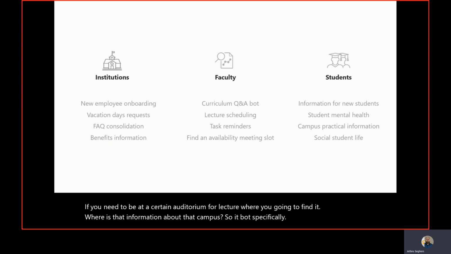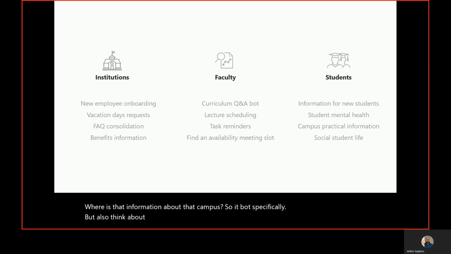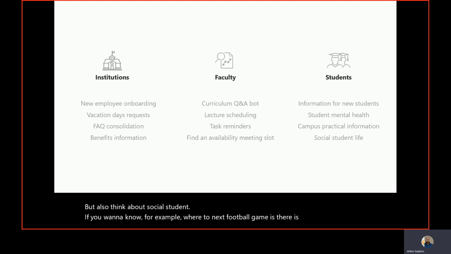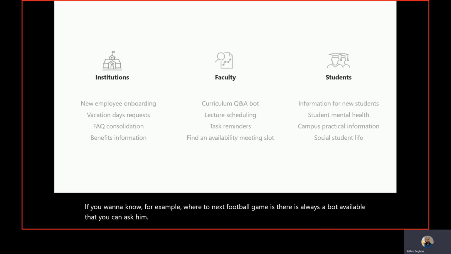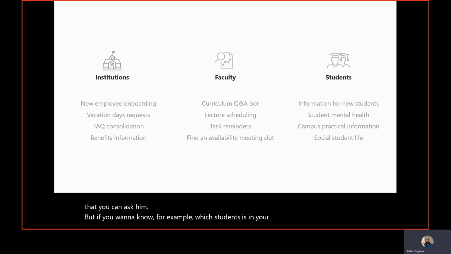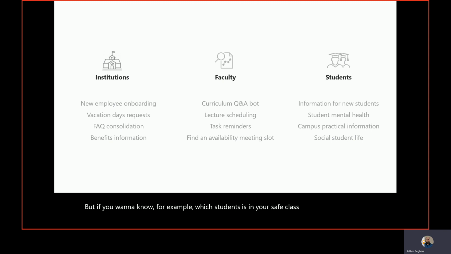But also think about social student life. If you want to know, for example, where the next football game is, there's always a bot available that you can ask. If you want to know which student is in your same class, you can do that as well. And then one that I think is super important that we tend to overlook a lot, and this is something that my coworker Dominic Williamson is working on with some of his customers, is a student mental health bot.